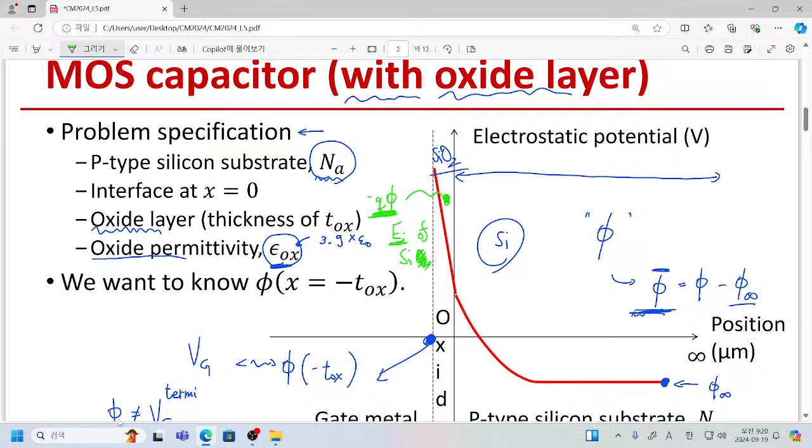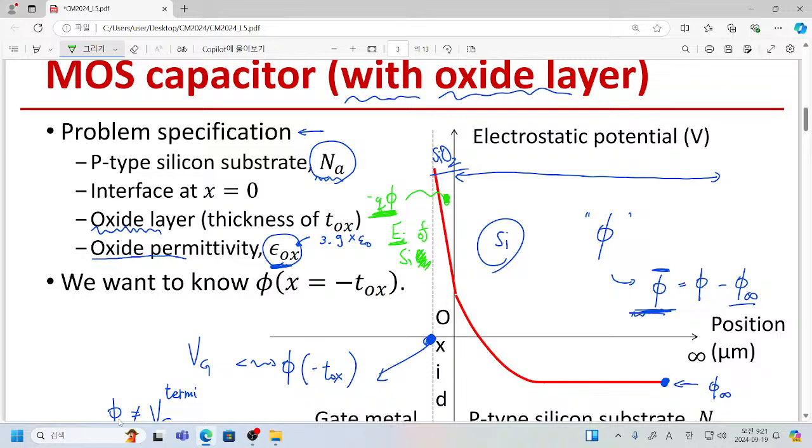Then of course the natural question is, well, there is no silicon at all, so how can we find out this silicon's intrinsic Fermi level? You can do it in this way.